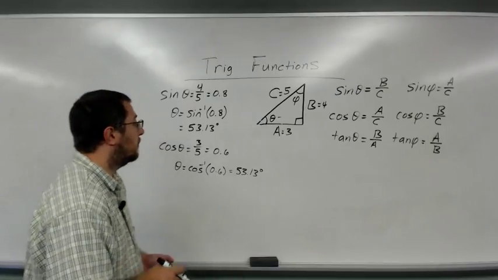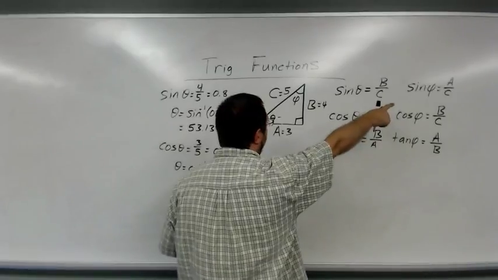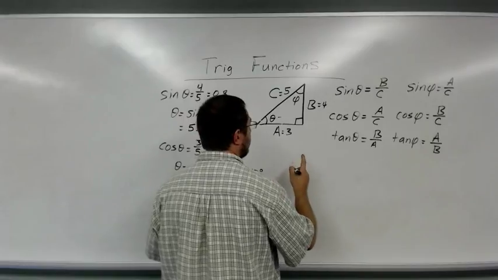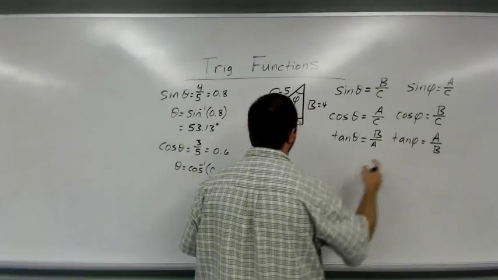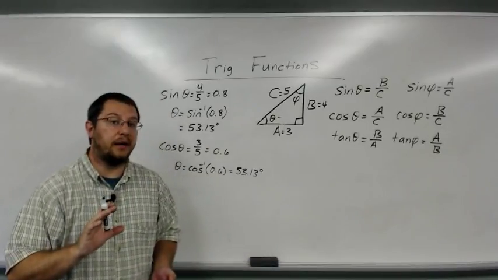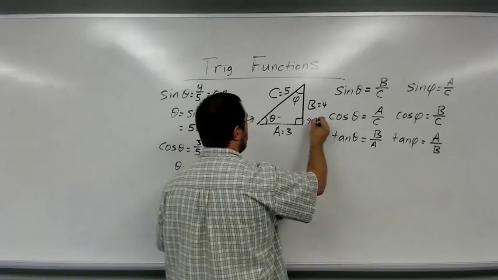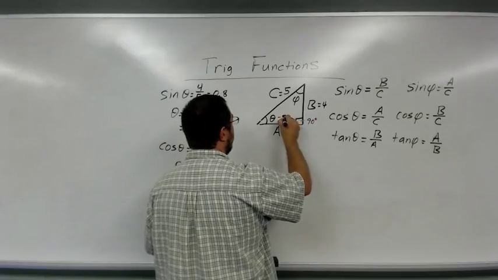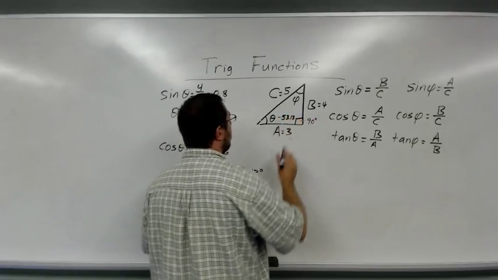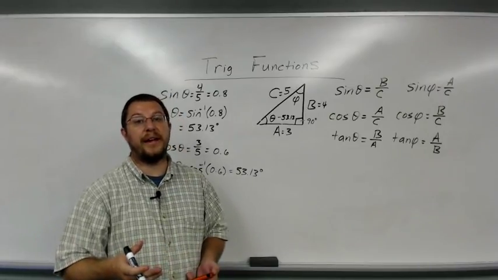Similarly, let's find the angle phi using the tangent function. Now, we can do a check here. We know that this is 90 degrees, and we know this is 53.13. And I know that inside a triangle, all of my angles should add up to 180.